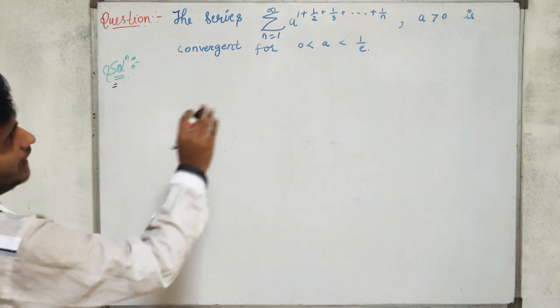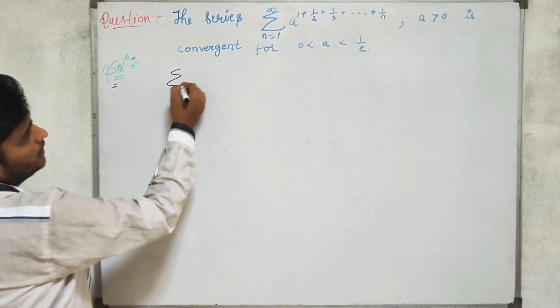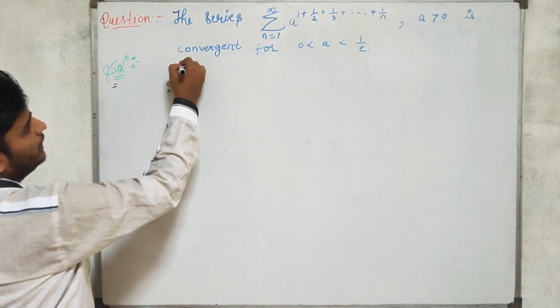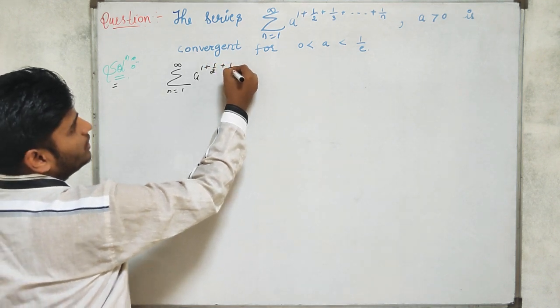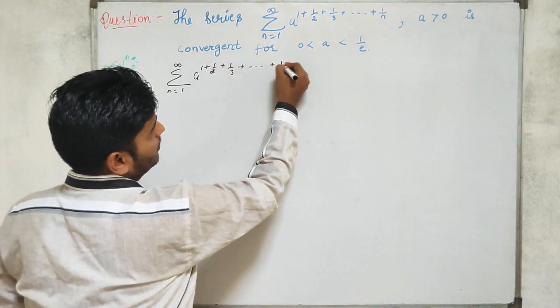We are given that the series is summation n equal to 1 to infinity a raised to power 1 plus 1 by 2 plus 1 by 3 and so on plus 1 by n.